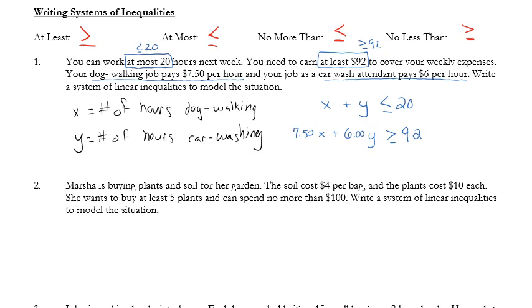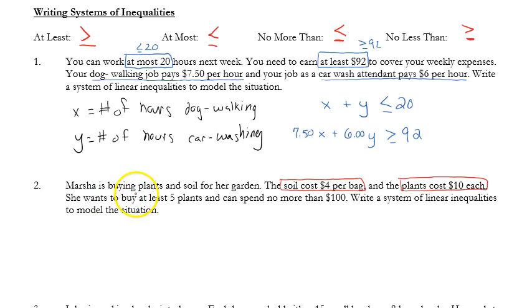Number 2 is slightly different. I'm going to walk through this one with you guys as well. Marsha's buying plants and soil for her garden. The soil is $4 per bag. So I know soil is $4 per bag. Plants cost $10 each. There's the per and the each. Those are my multiplication indicators.